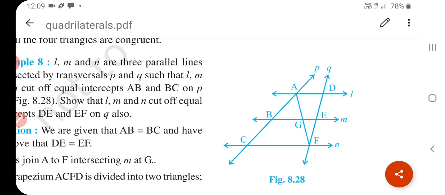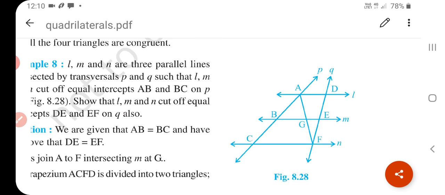Now in triangle AFD we can apply the same argument as G is the midpoint of AF. If G is the midpoint of AF, then GE is parallel to AD, and so by theorem 8.10, E is the midpoint of DF. So DE is equal to EF.